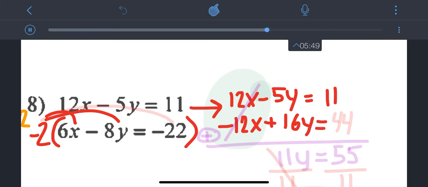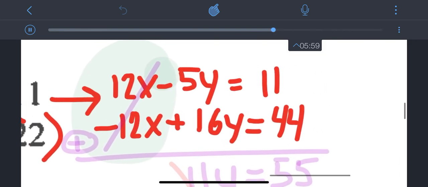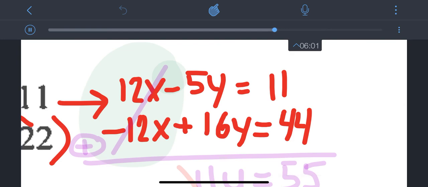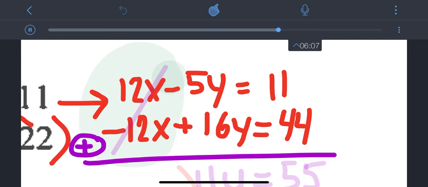And then -2 times -22 is going to get me positive 44. Okay, so this is what we wanted, because now when we add, 12x plus -12x is going to cancel. Okay, so that's what we wanted.